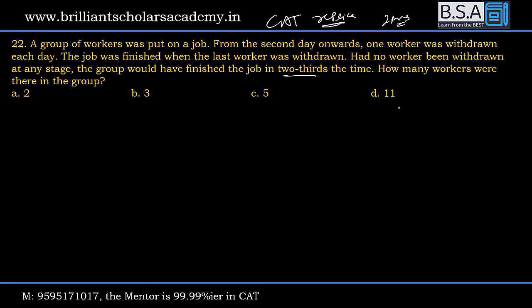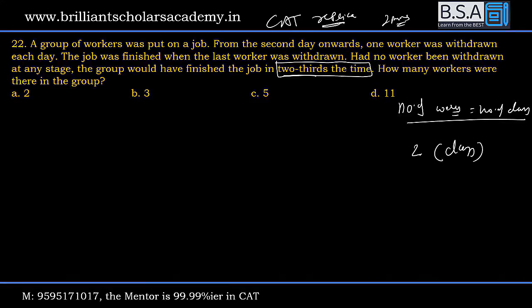You are telling me the number of workers is equal to the number of days, and you are saying the work was done in 2/3 of the time. Number of days multiplied by 2/3 must be an integer. If this is the case, the number of workers must also be a multiple of 3.